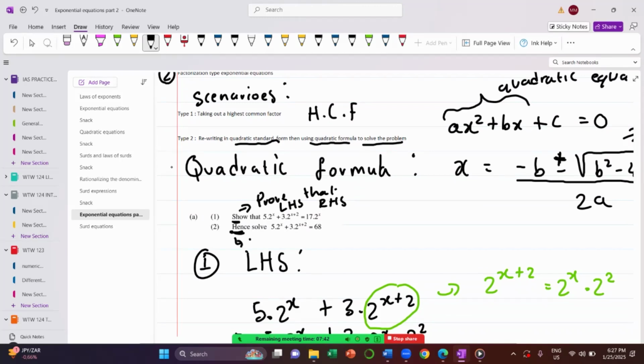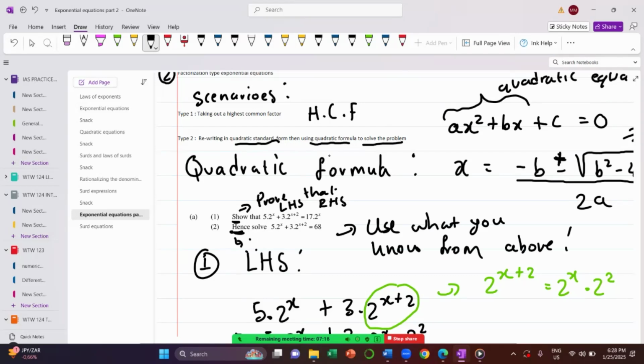When they say hence, solve this, they are trying to say use what you know from above to now solve the new problem. So I must use what I know from above to solve the new problem, right?